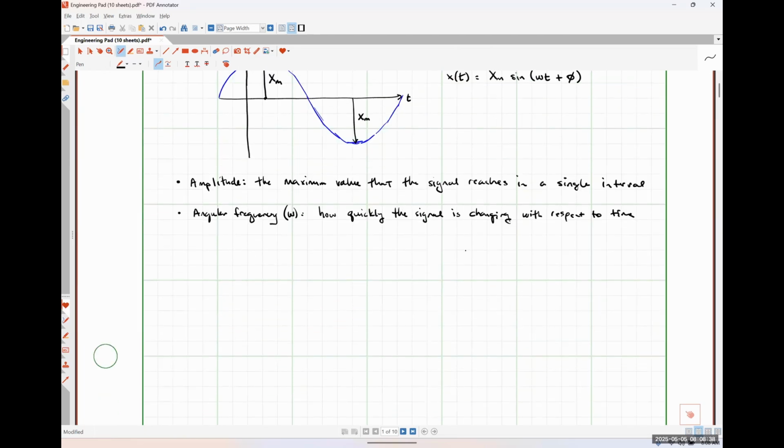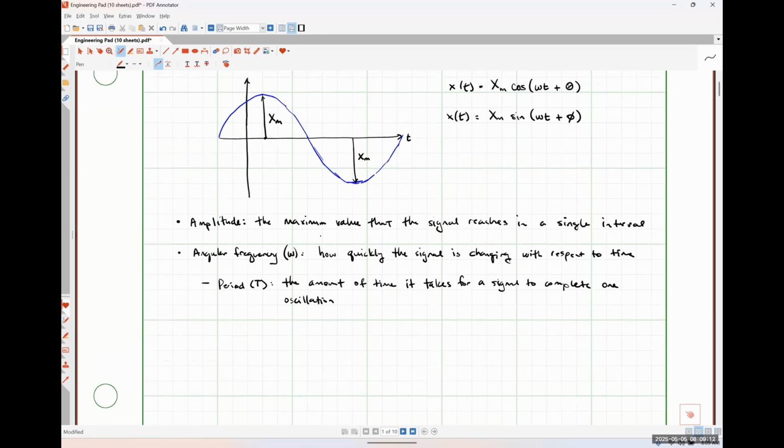So as a subnote here, let's say that our period T is defined as the amount of time it takes for a signal to complete one oscillation.